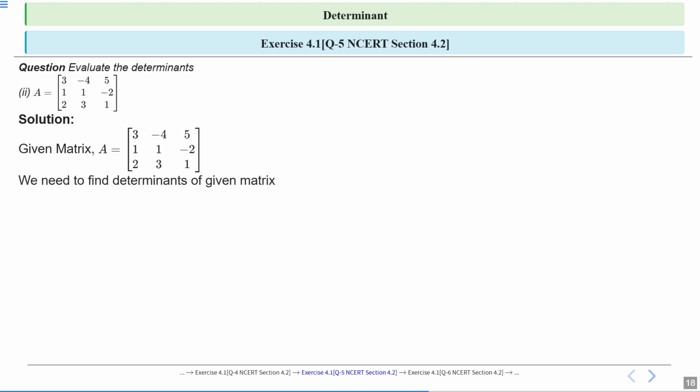So we need to find the determinant of the given matrix. So here there is no zero entry. So we can expand along any row and any column.